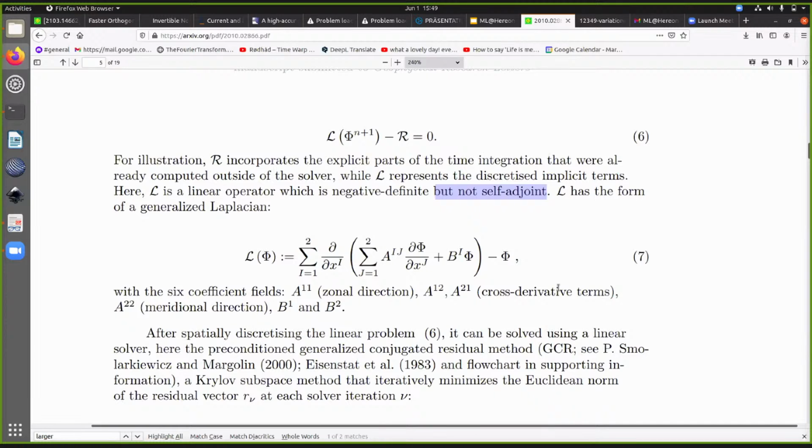But still, you have to deal with this really big linear system where you can only store state variables, and there's no way that you can store matrices or anything like that. You just have operators and state vectors. And in conjugate gradient methods, the convergence rates are definitely an issue.